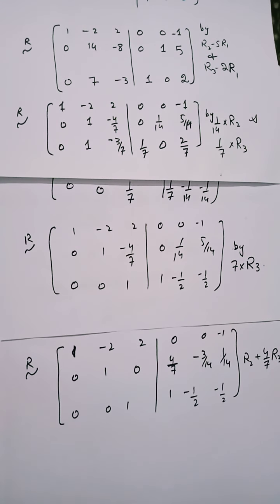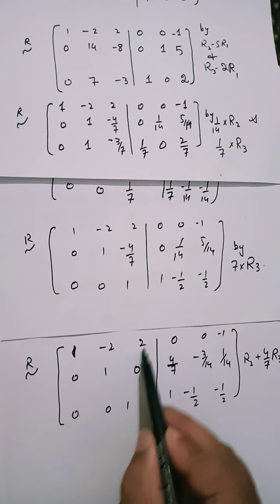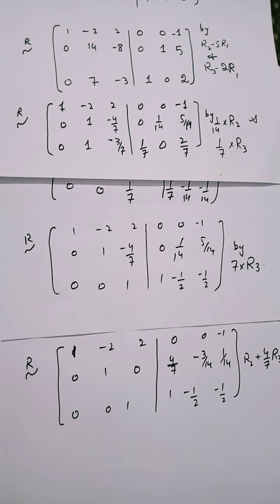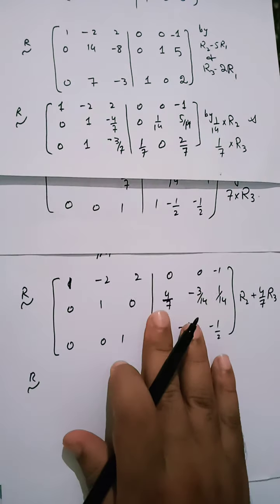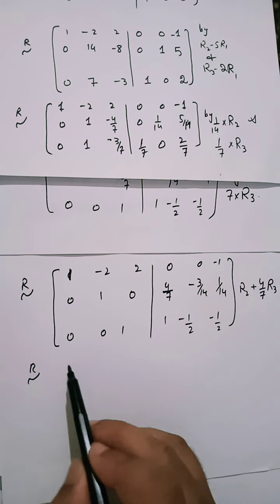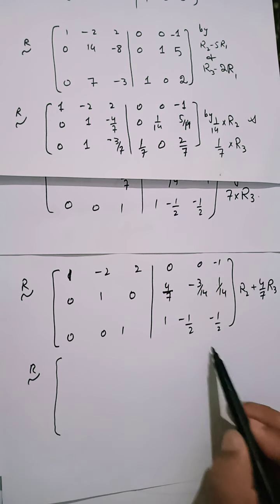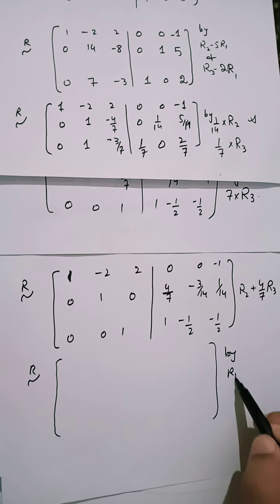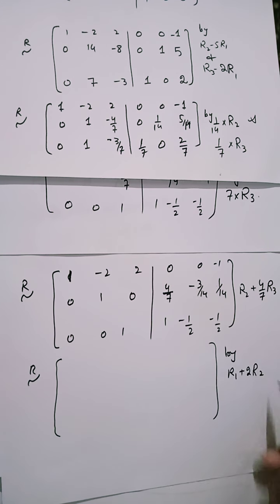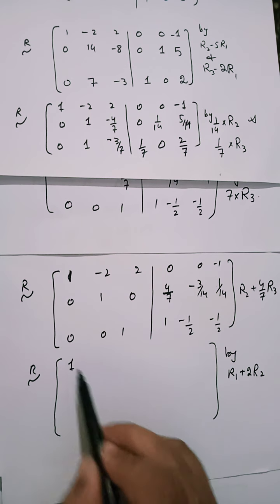Now I need to convert these two into zeros. So I am doing the row operation. If I add R1 with 2R2, you will get this.